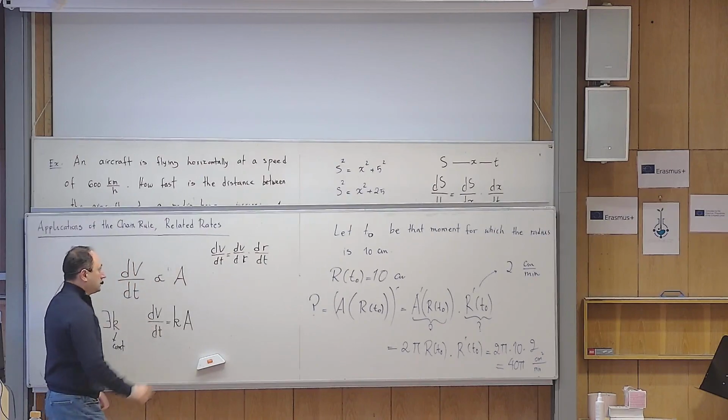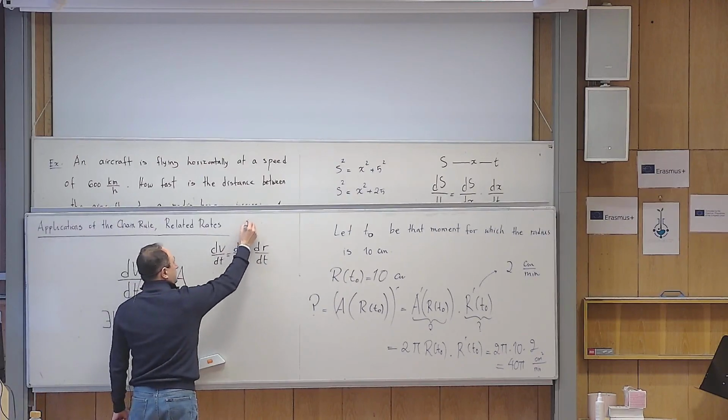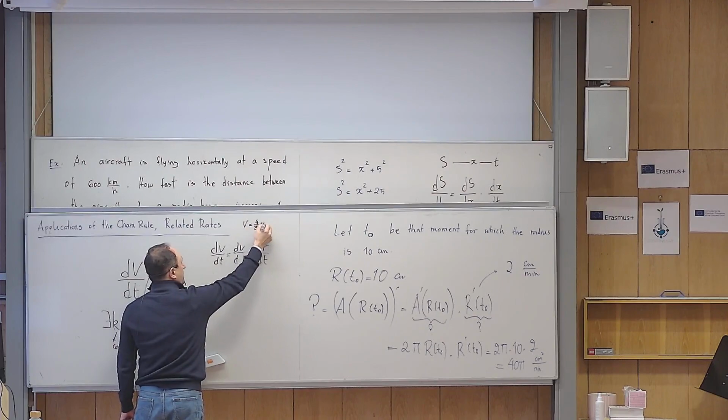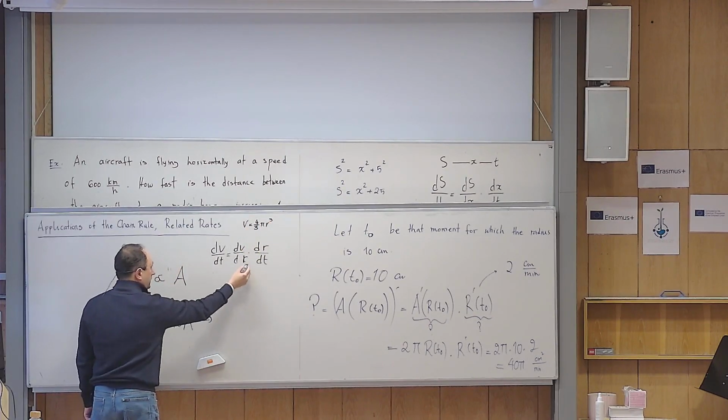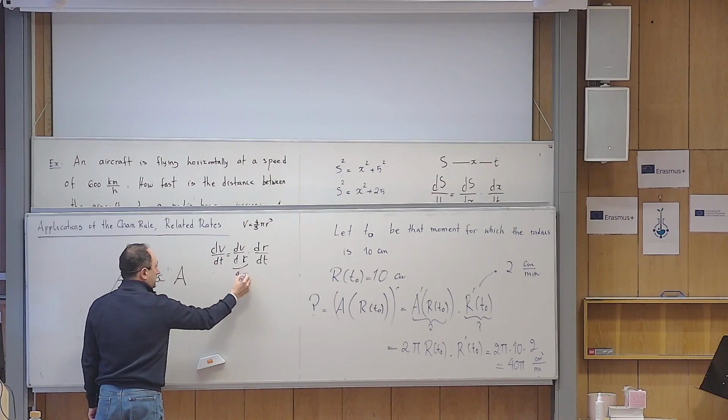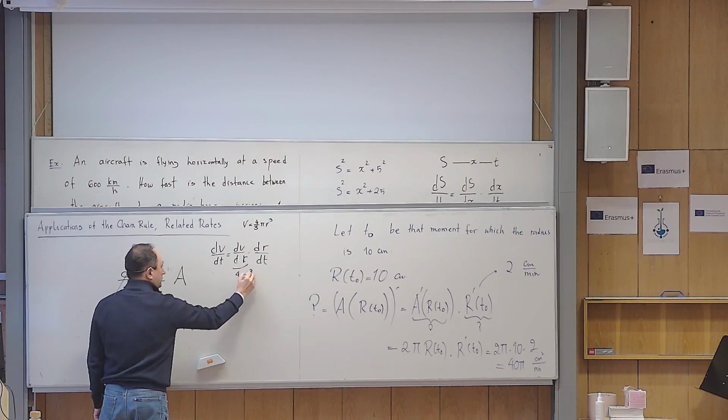So dV/dr, what was V? V was 4/3 pi r cubed. So dV/dr is 4 pi r squared.